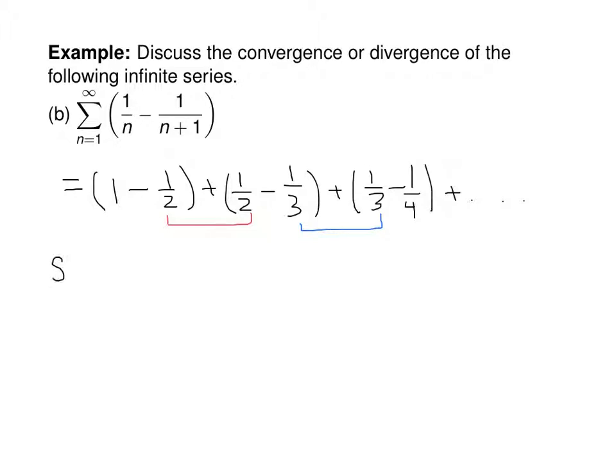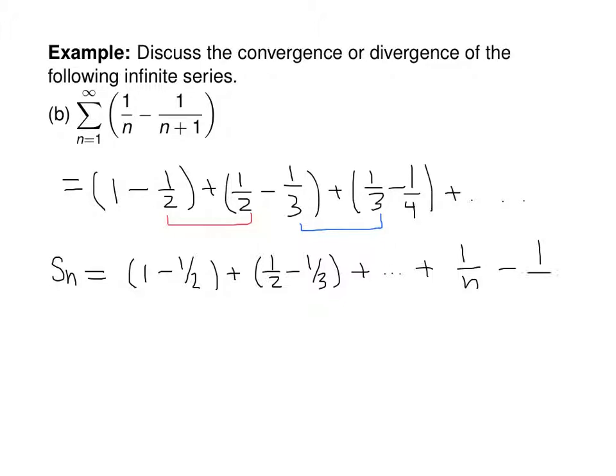So the nth partial sum, S sub n, will be given by 1 minus 1/2, plus 1/2 minus a third, plus and so on, until the last term, which will be 1 over n minus 1 over n plus 1.